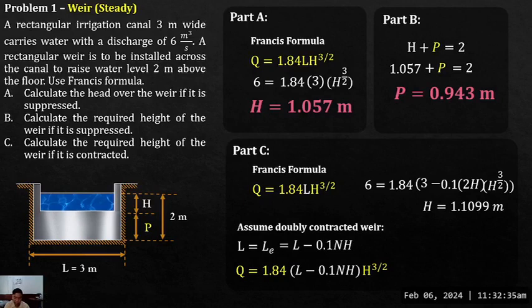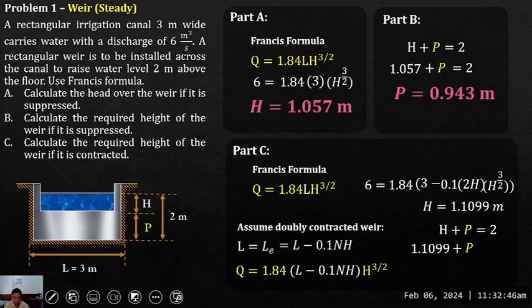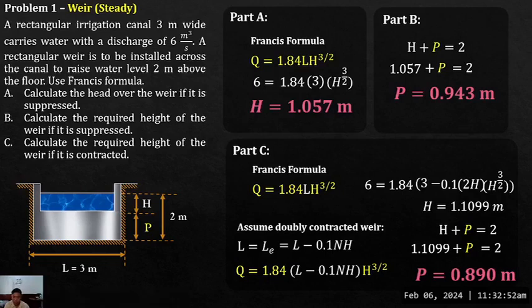Now, since height ng weir yung hinahanap, diba? So, i-minus mo pa yan from 2. So, 2 minus 1.1099. You'll get the value of P as 0.890 meters. Ito na ngayon yung sagot for letter C.